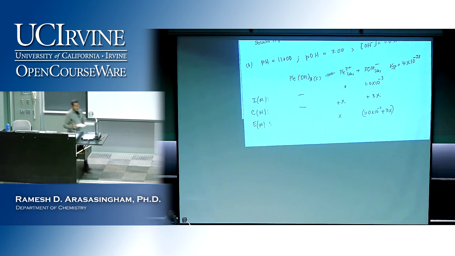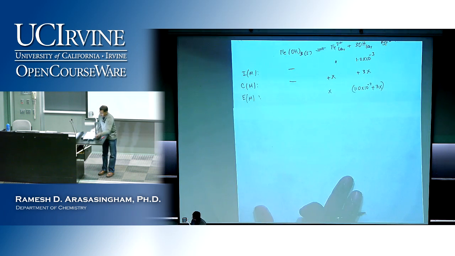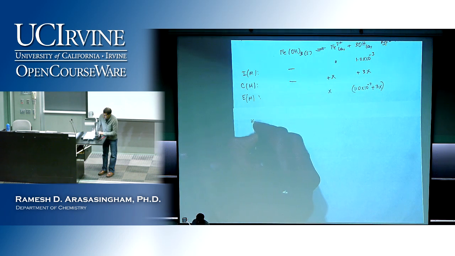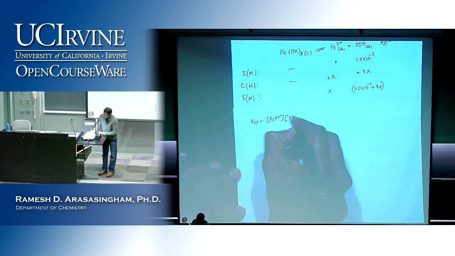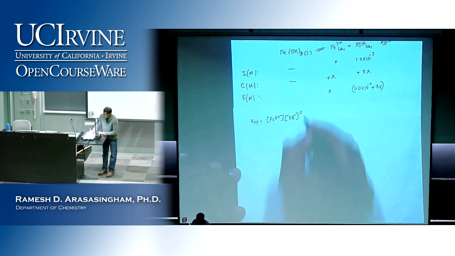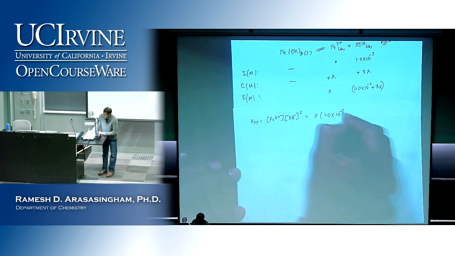Now, once again, we go through the same routine. Ksp equals the concentration of the Fe 3 plus ion times OH minus taken to the power 3, which is x times 1 times 10 to the negative 3 plus 3x, the whole thing taken to the power 3.